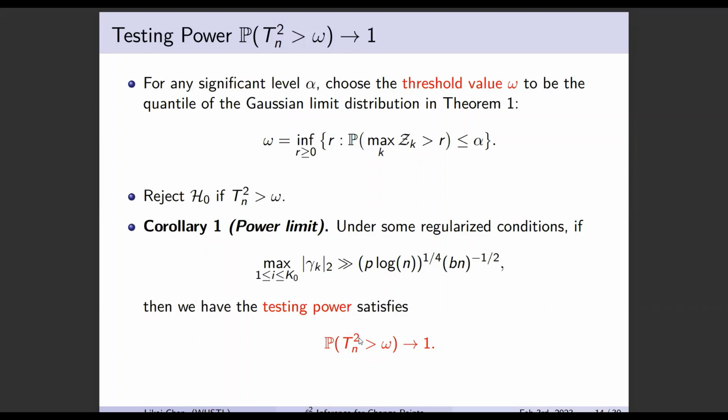I want to say a little bit more about this jump vector. So it seems directly from this expression that we require the signal to be p to the power of 1/4. But pay attention, this gamma k here on the left-hand side is the L2 norm of the p-dimensional signal. So if we assume that all the time series jump simultaneously at level, say, A, then the left-hand side will be A times the square root of p.